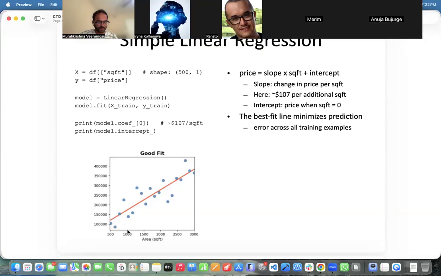Let's say for a 1,000 square feet home, the price is somewhere between 100K and 150K, let's say 140K. Let's say we gave all these data points to our model to train it. Then the model comes up with this line. This line is our model actually.